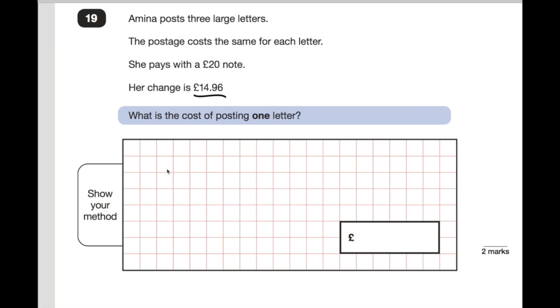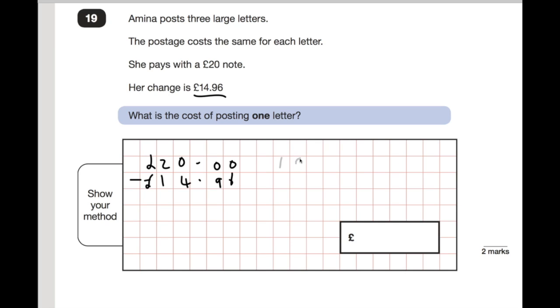So in order to do that, we are going to need to do £20 minus £14.96. So we know there are 100p in a pound, so if we take 96 pence away from £20 first, we end up with £19.04.